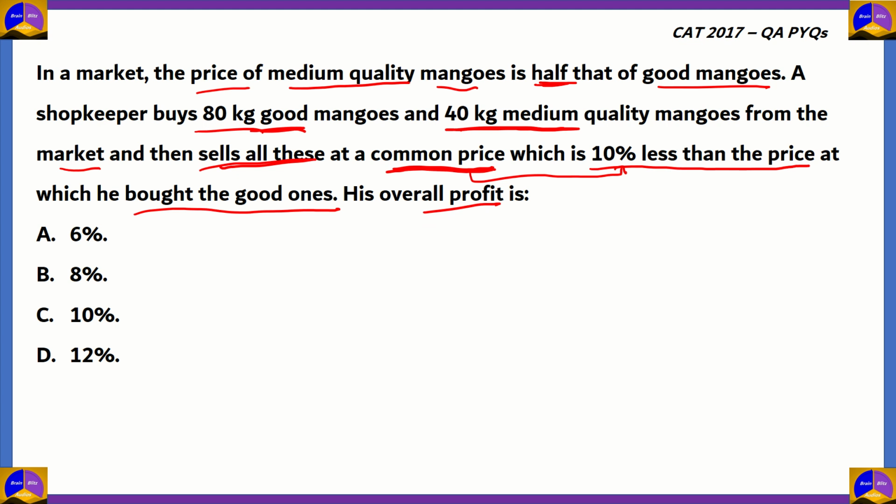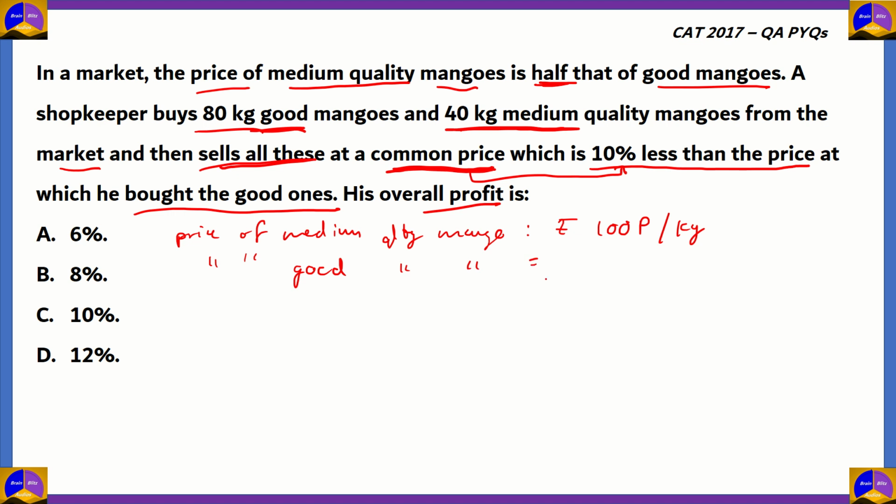So in order to make our life easier, since we also have a percentage value and this particular ratio value, we're going to consider the price of medium quality mango to be rupees 100P per kilogram, and the price for good quality mangoes to be rupees 200P per kilogram, because according to the question, good quality mangoes cost twice that of medium quality mangoes.